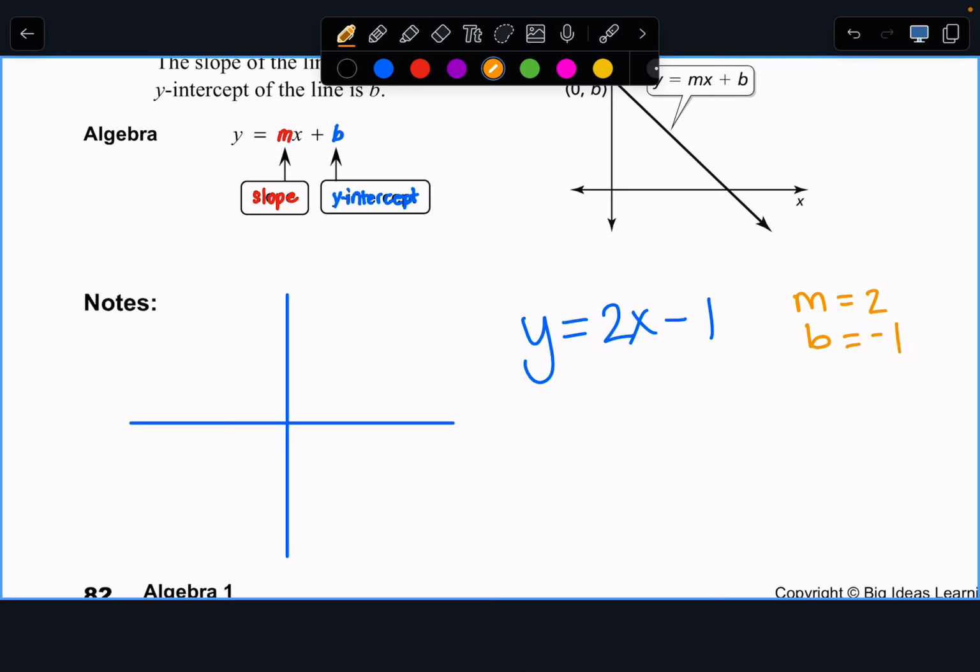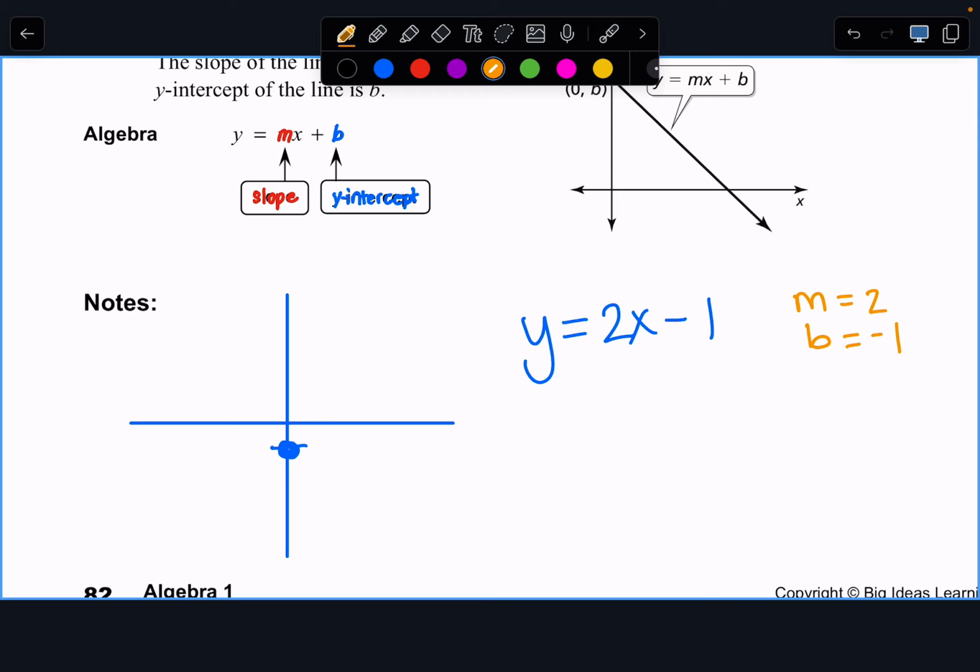So you know what we're going to do? We are going to plot the y-intercept. From the y-intercept, what do you think we're going to do? We don't actually have to plot the x. What else do we have to work with? Our slope is 2.